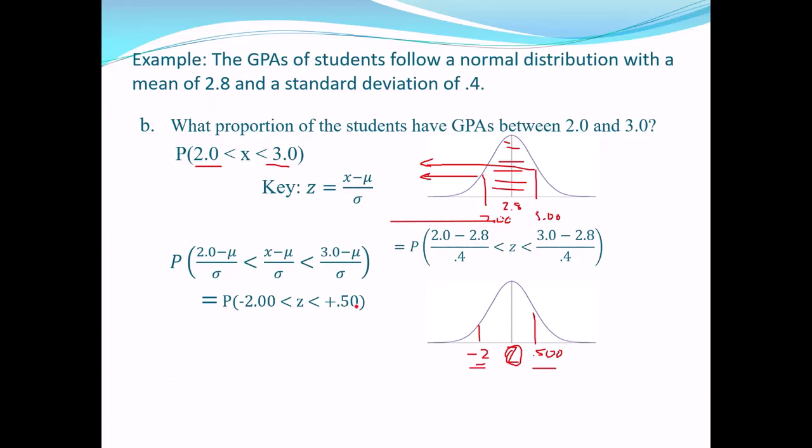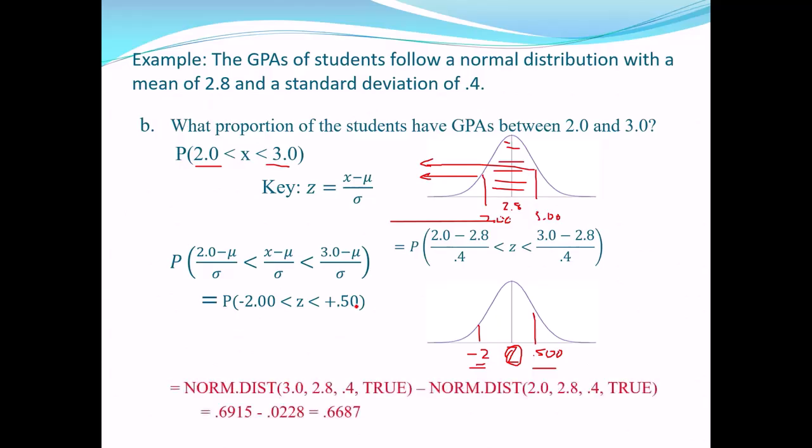Or I can skip some of that and just go right to Excel. I can do the normal distribution function. I can say, I want the cumulative probability below the 3.00. Look, that's the GPA, that's the mean, that's the standard deviation. And then get rid of the cumulative probability for the other one.